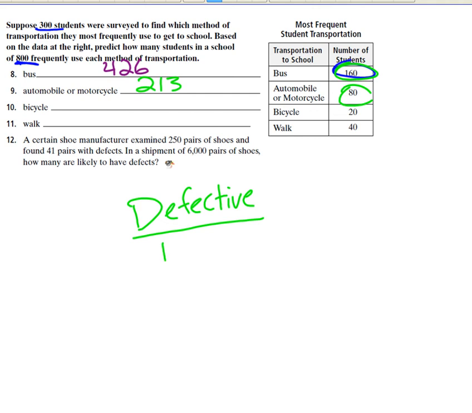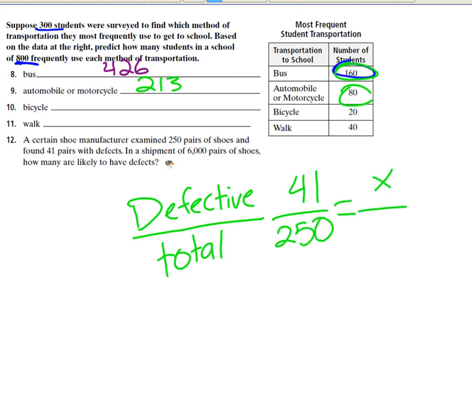Total, thank you. So we do have 41 shoes that are bad out of 250. And we want to know how many would be bad out of 6,000. I didn't plan on the answers.